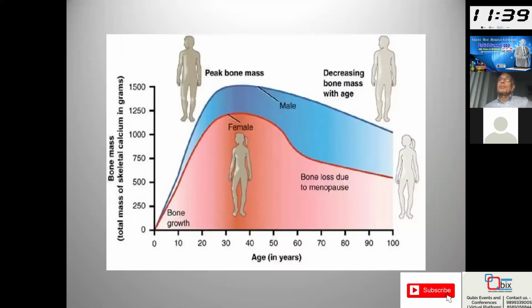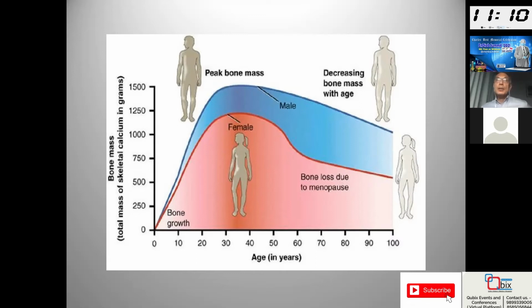Now, if you look at bone mass, this is how, as a child, the bone mass goes up and up, and then in the early 30s or late 20s, peak bone mass is reached. After that, bone mass starts to decrease. The red line is the female bone mass, which decreases abruptly at menopause. Our T-scores are based on the peak bone mass, which is sex-related.